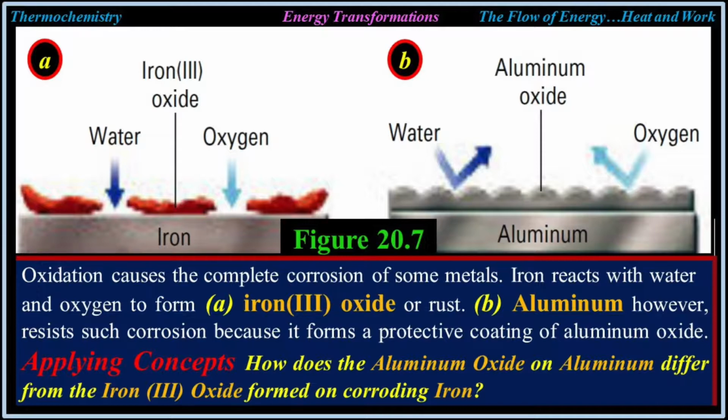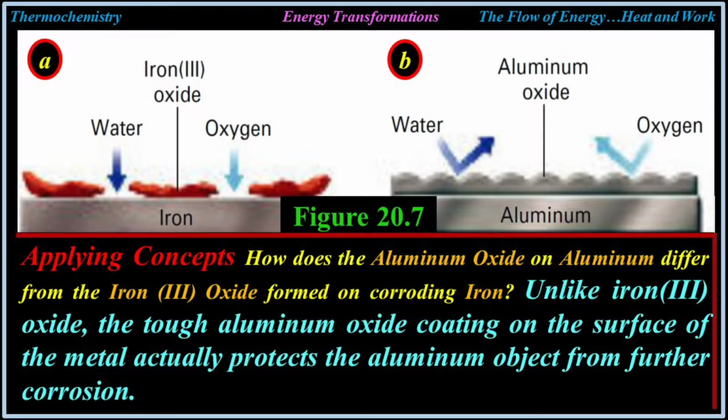Applying concepts, how does the aluminum oxide on aluminum differ from the iron(III) oxide formed on corroding iron? Unlike iron(III) oxide, the tough aluminum oxide coating on the surface of the metal actually protects aluminum objects from further corrosion.